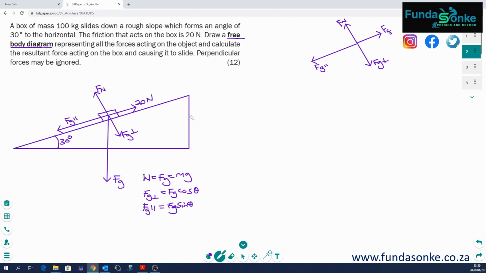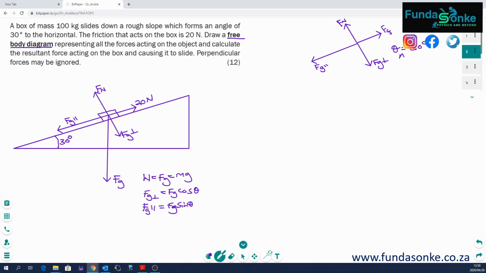So normally I'll draw the force diagram first, which gives me a description or an illustration of the scenario being described. Then I move on to then draw the free body diagram, which is represented by these arrows there. Then on the free body diagram, you also need to then include the angle of inclination. In this case, I'm going to use theta will be equal to 30 degrees.